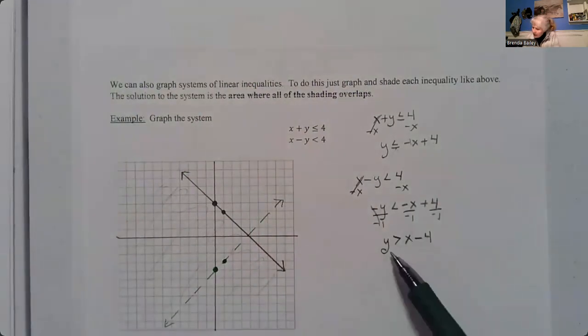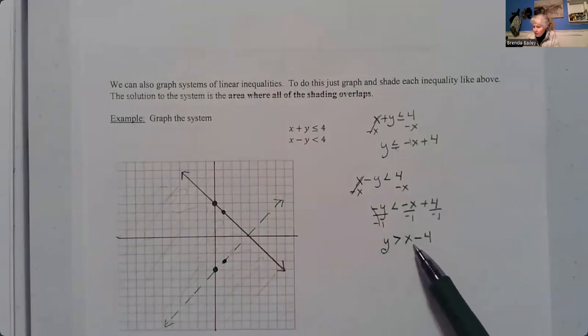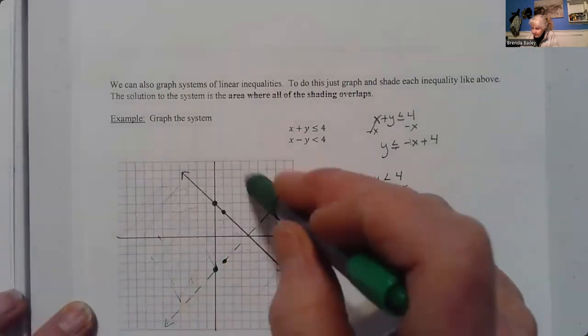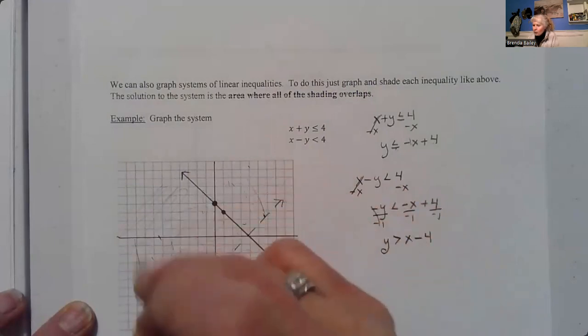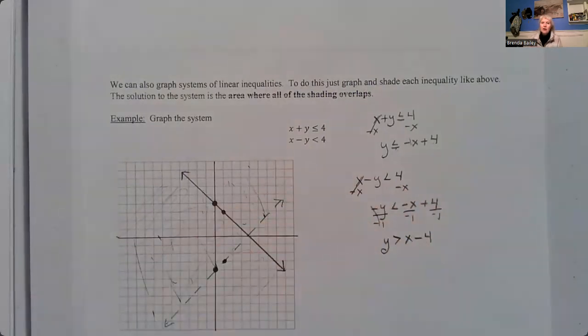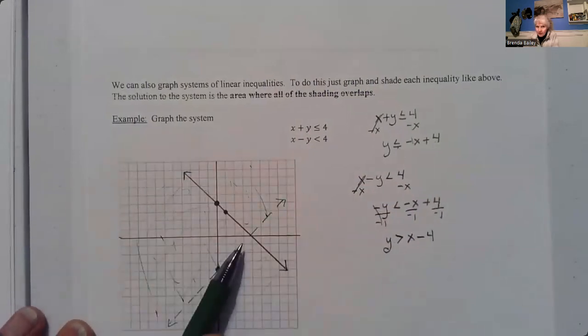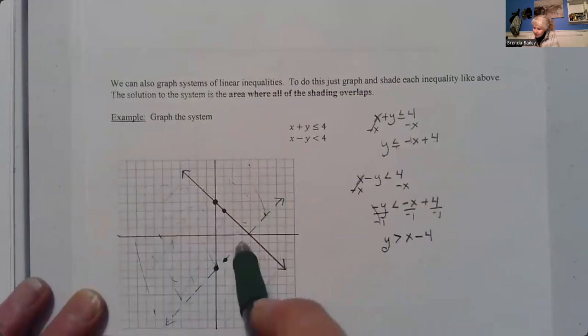Now, we want the region above the line. So we want the y's above the line, and that's going to be over here. Now, what region is shaded for both of them? Below this one and above this one. And that's this region right in here.